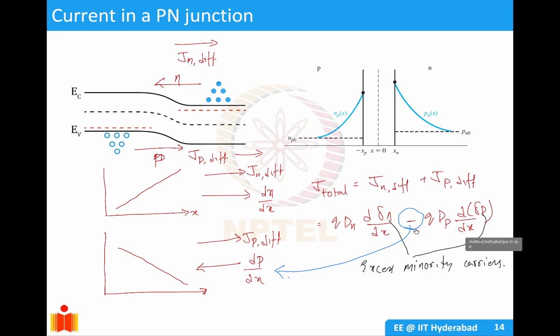So ultimately it becomes positive, and the net current is the sum of both. As you can see, dn by dx will increase in this direction, while dp by dx will decrease for positive x direction. Hence the double negative will make it positive.